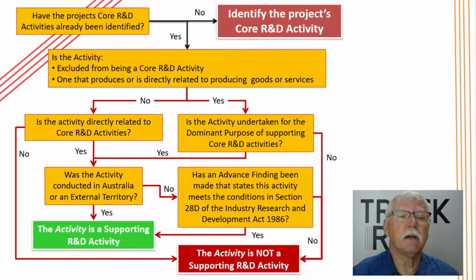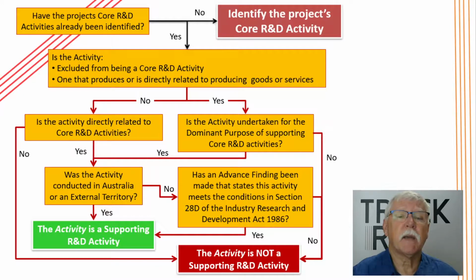The next box down asks, is the activity excluded from being a core R&D activity or one that produces or is directly related to producing a good or service? An activity that is excluded from being a core R&D activity may be a supporting R&D activity if it is directly related to a valid core R&D activity that is not on the exclusion list.